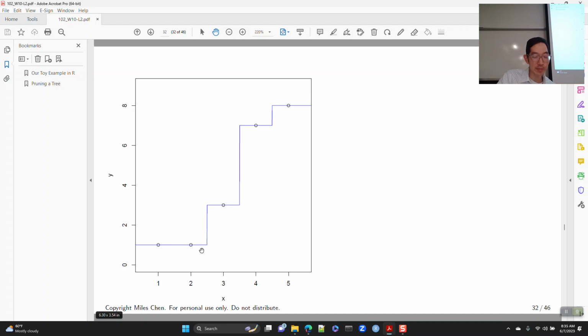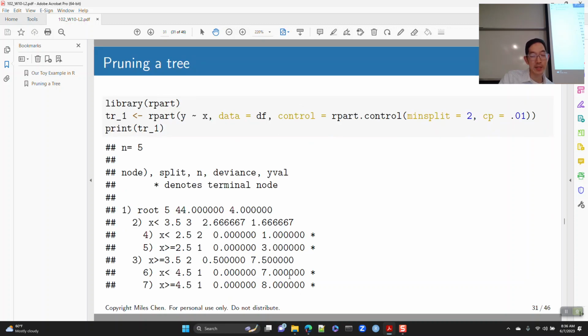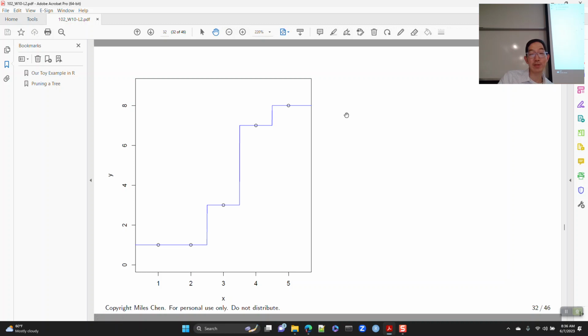So basically, we predict 1 here. We predict 3 for any value between 2.5 and 3.5. For any value between 3.5 and 4.5, we predict 7. And for any value higher than 4.5, we predict 8. Okay, and we have no residuals because we're predicting every single value in our data correctly.